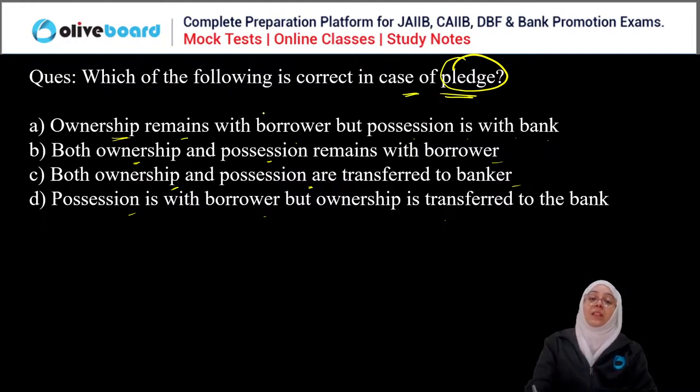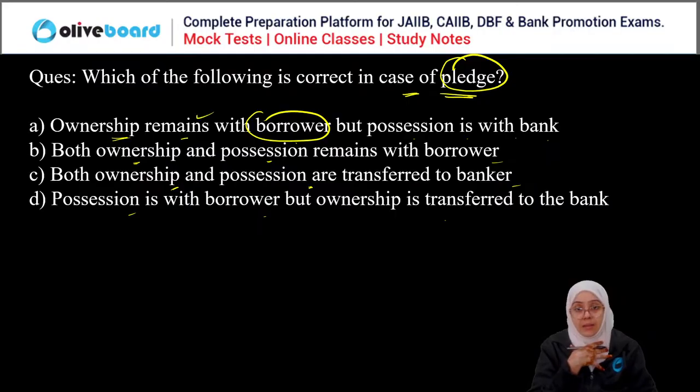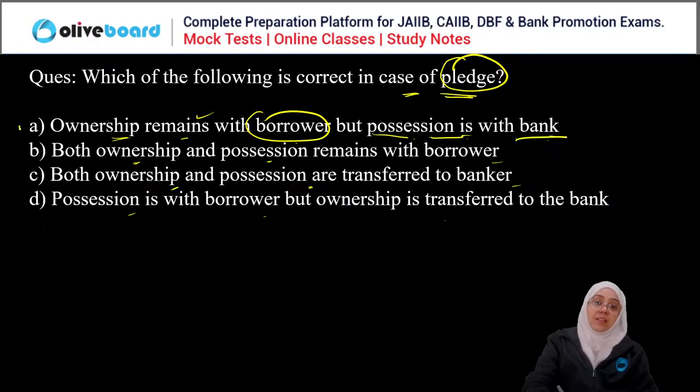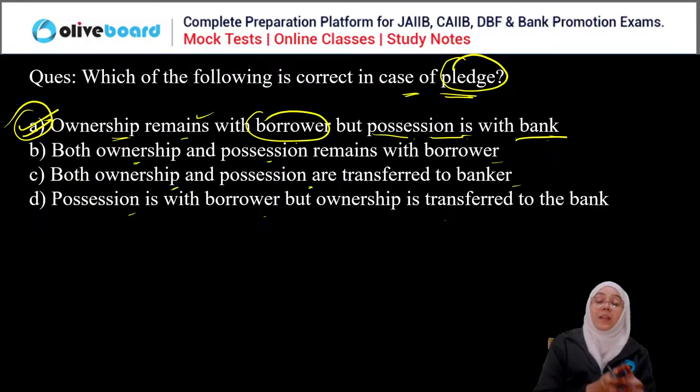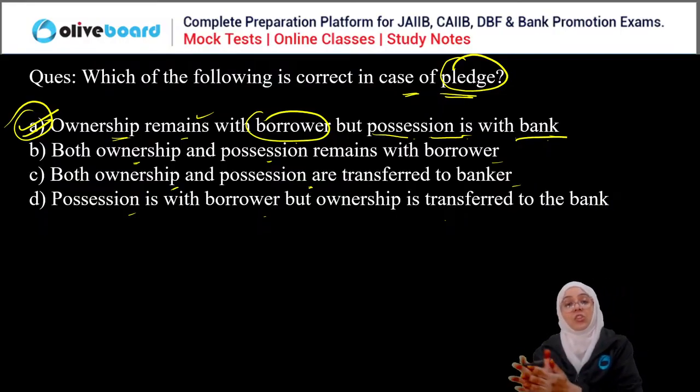Ownership remains with the borrower. True. Ownership is still mine. But I have to transfer the possession to the bank. That is called the pledge. Ownership is with the borrower, but they have to transfer the possession to the bank.